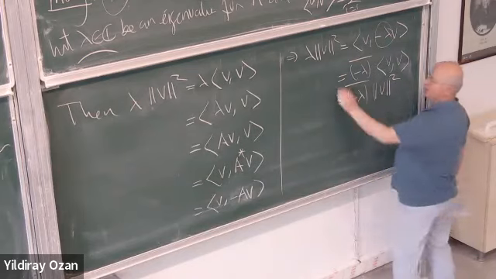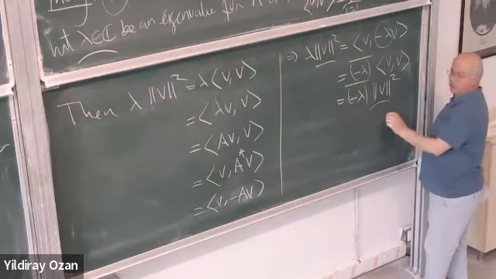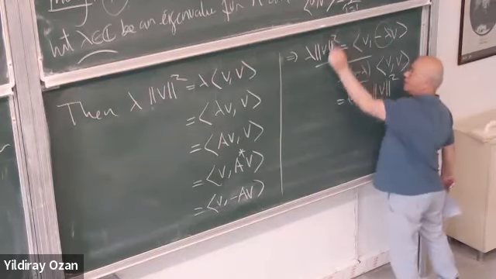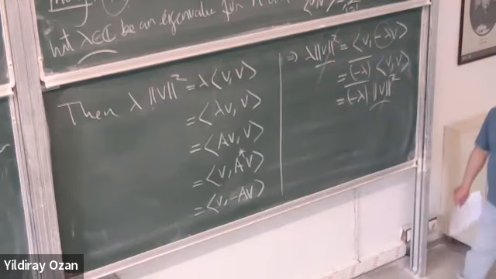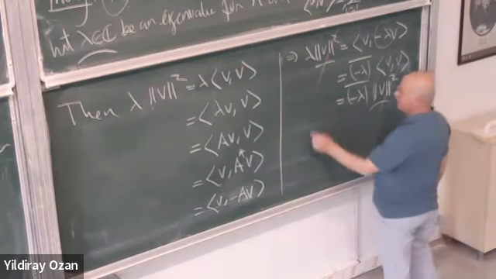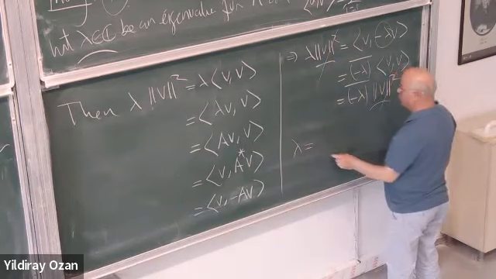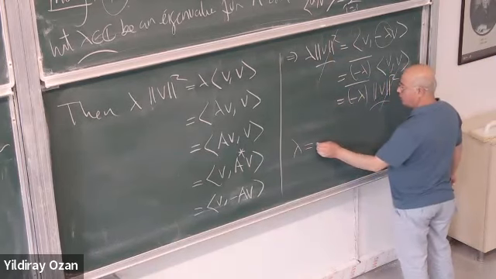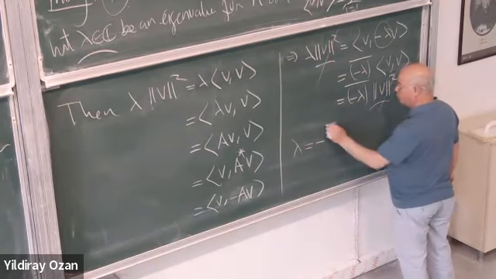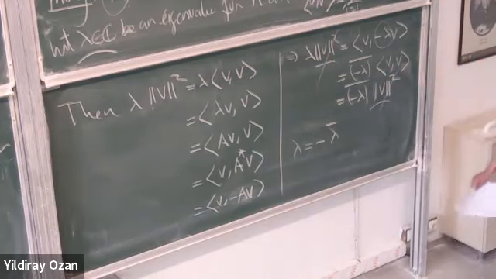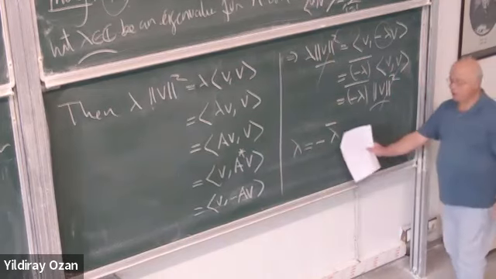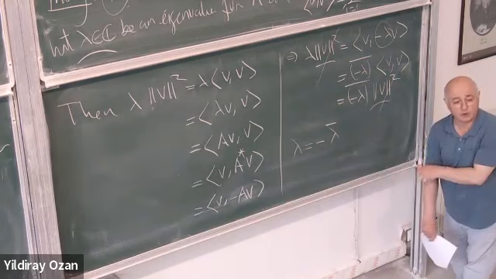But this thing is a positive number, therefore I can cancel that. Therefore, what we see is that lambda is equal to minus its conjugate. Well, this is possible only if lambda has no real part.